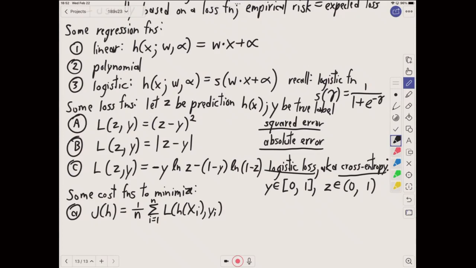And so when you do that, that's called the mean loss, because it's the mean of all the losses, obviously, or the mean of all the losses on the training data.